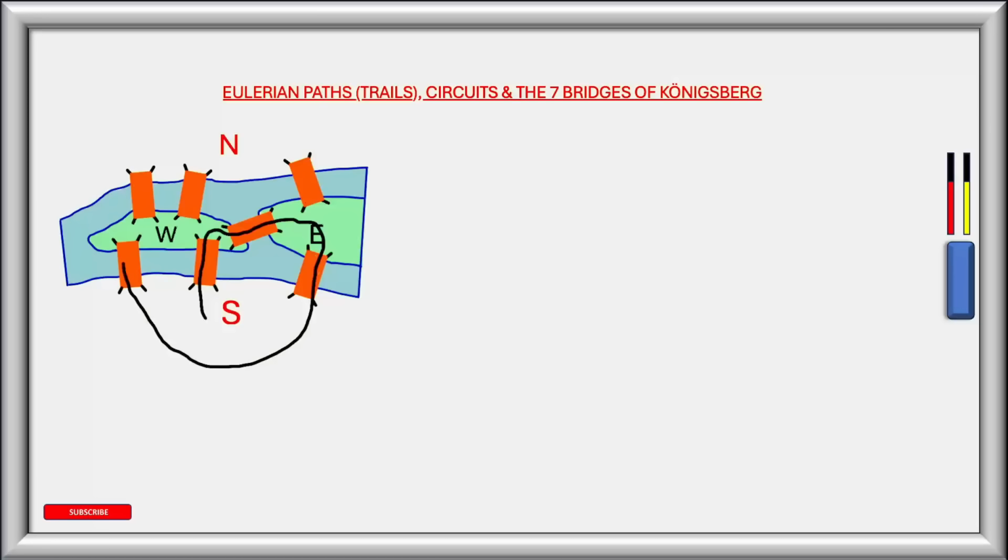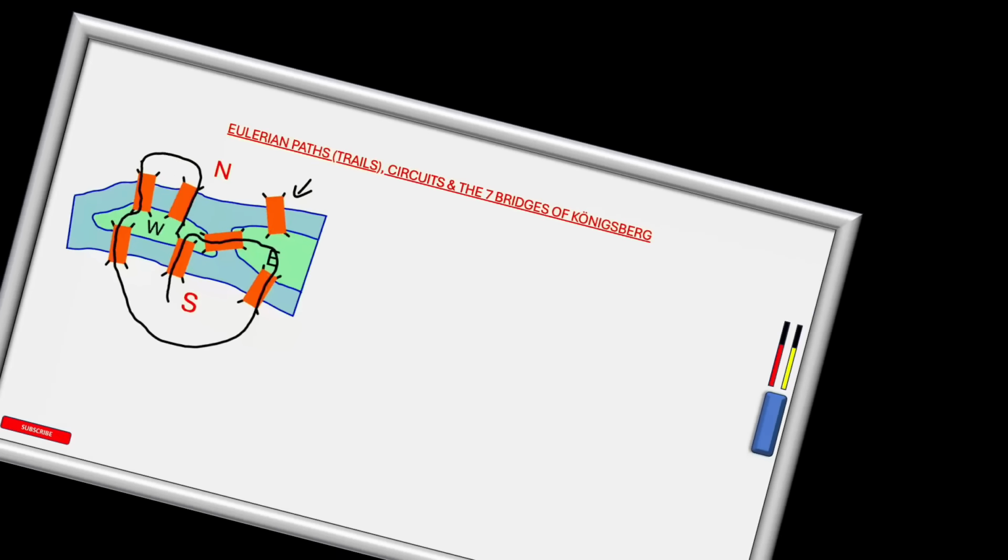And we'll use this bridge to go back onto the West Island, and this bridge to take us to the North Bank, and this bridge to take us back onto the West Island. So now we're stuck on the West Island, and we still haven't used this bridge. The only way we can use this bridge is if we reuse one of the other bridges. So once again, we failed.